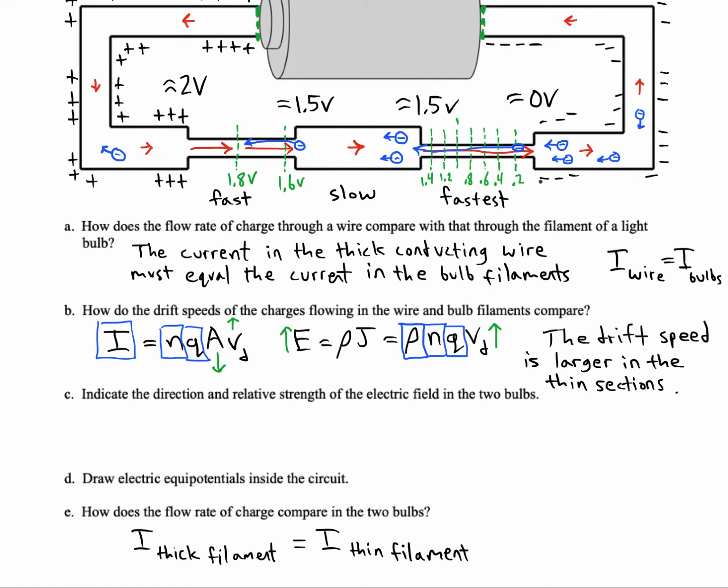A lot of times people want to say that the rate of charge is faster in the thin bulb, but that's not really the rate of charge flow. That would be the drift speed. The drift speed is fastest. So let's just make that clear.